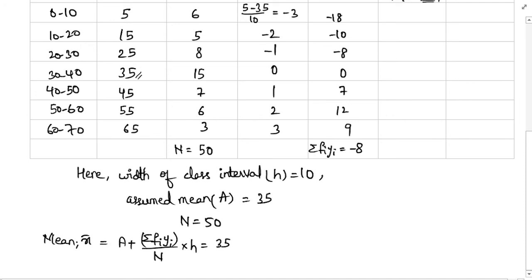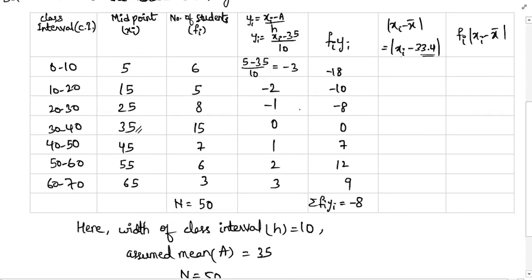So that is equal to 35 here, plus minus 8 into 10 divided by 50, that is equal to 33.4 marks.